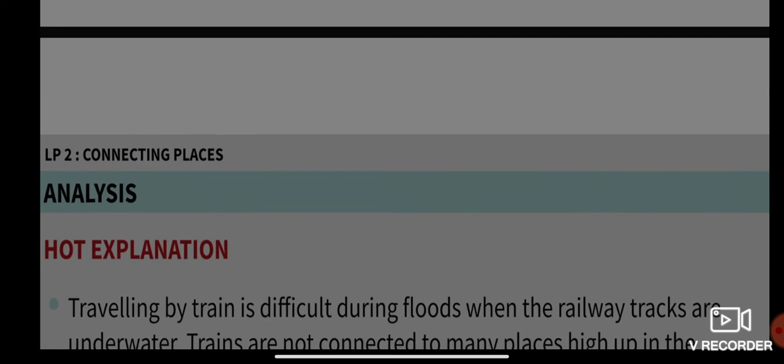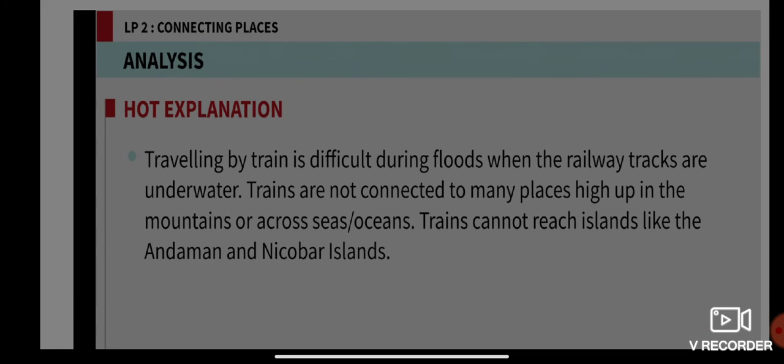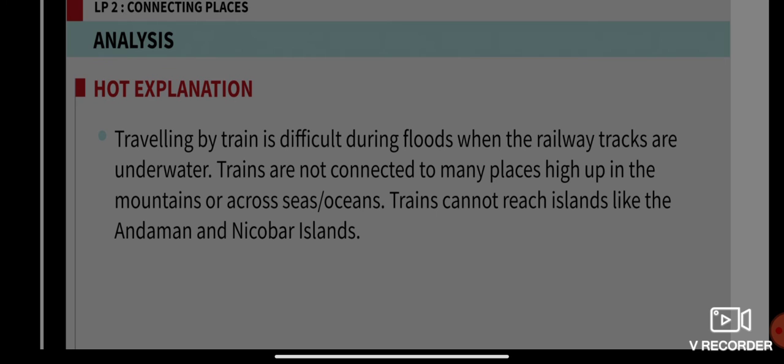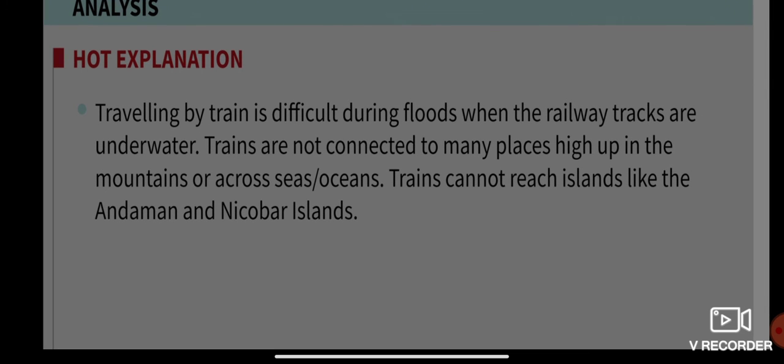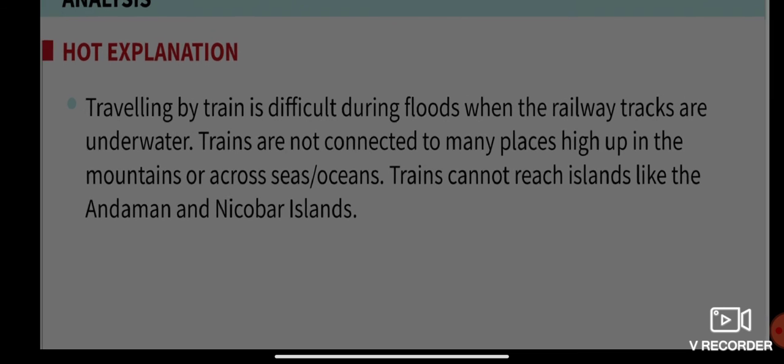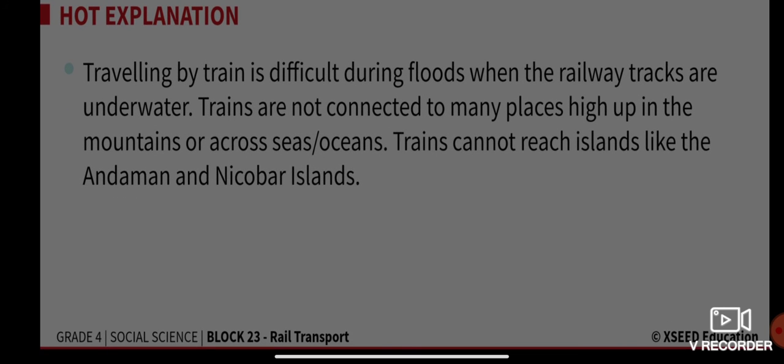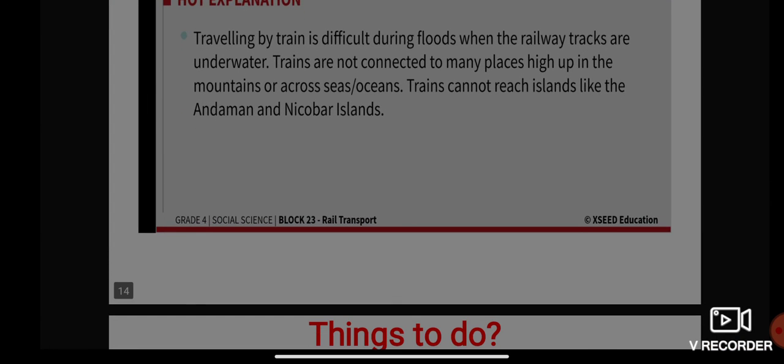Traveling by train is difficult especially during floods and the rainy season, when the railway tracks are underwater. Trains are not connected to many places high up in the mountains or across the sea and ocean. So trains cannot reach islands like the Andaman and Nicobar Islands. That is the problem that trains may face.